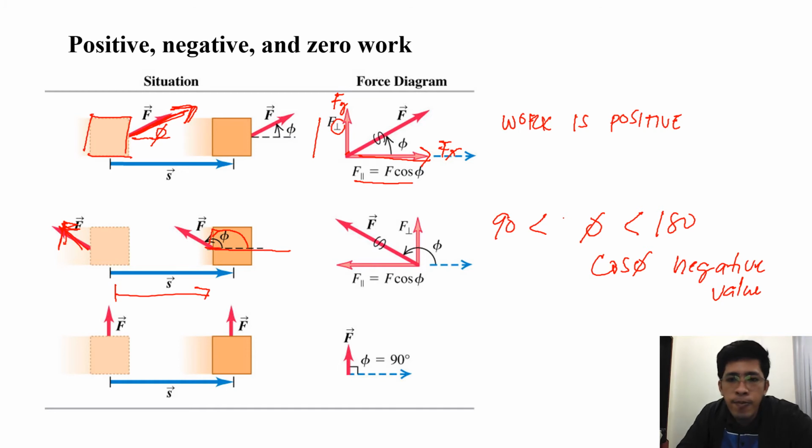So if your angle is greater than 90 but less than 180 degrees, your work done is negative.